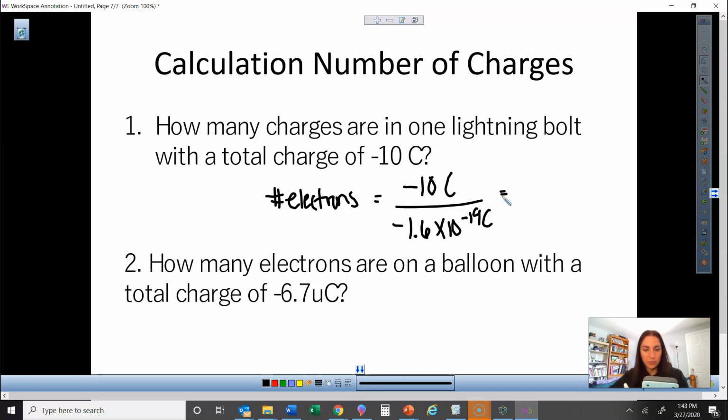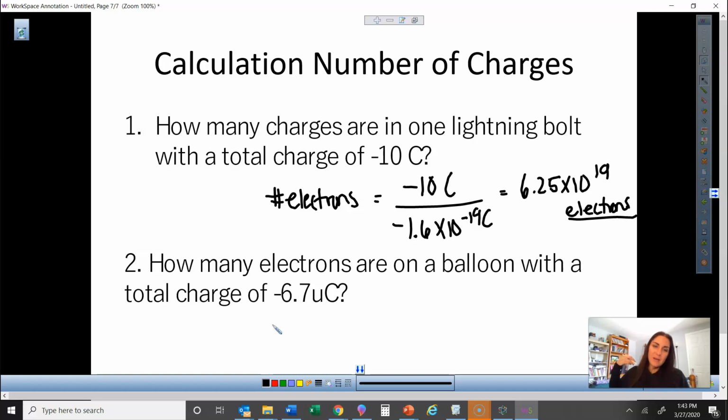So N equals Q over q, like I said, I'm never using the other thing again. 6.25 times 10 to the 19th electrons. So, as you might imagine, the unit is electrons because you're counting. A lot of electrons in a lightning bolt. I think that makes a ton of sense. So that works out good.